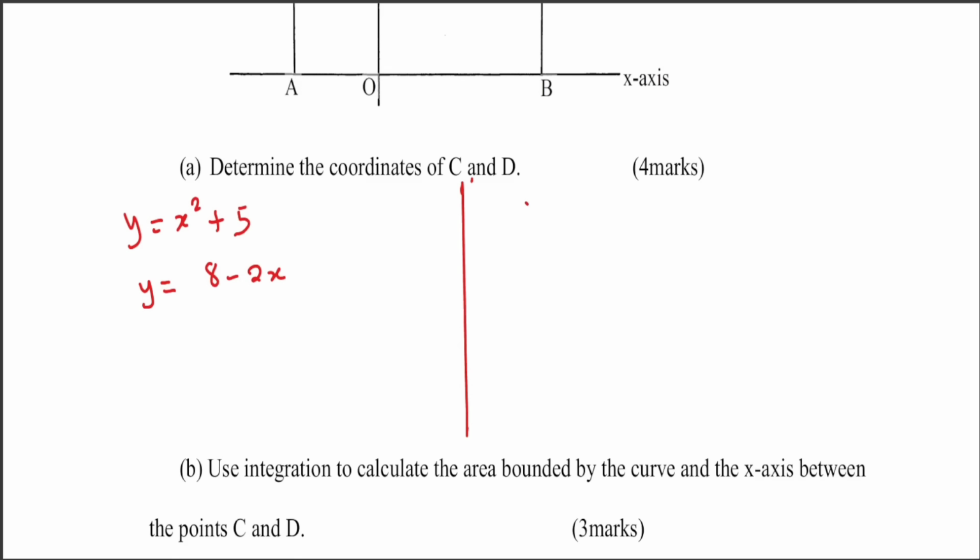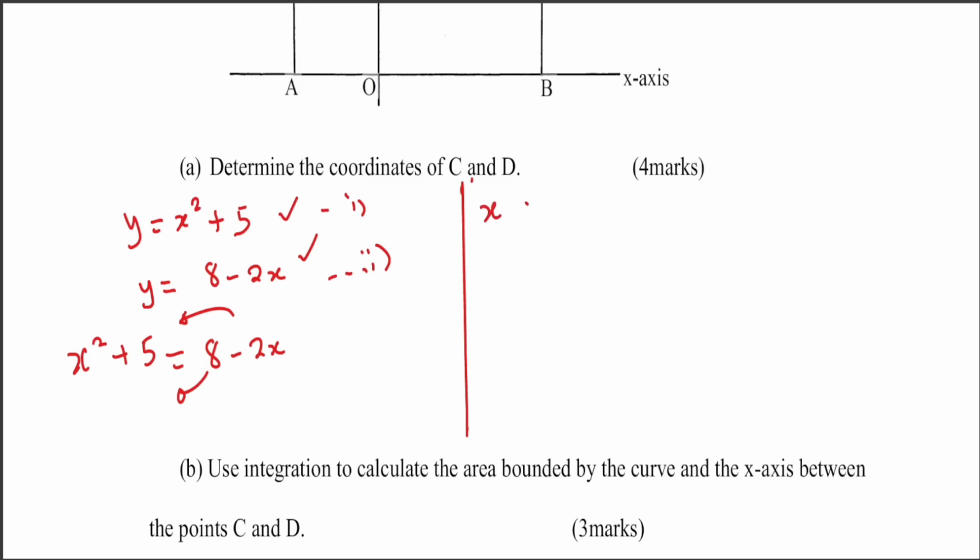Now if they intersect, it means that you need to find the simultaneous equation of the two. This is equation 1, this is equation 2, but since all of them are y's, you can equate those expressions. So x squared plus 5 can be equated to 8 minus 2x. Now let's put the negative 2x to the other side and also the 8 to the other side.